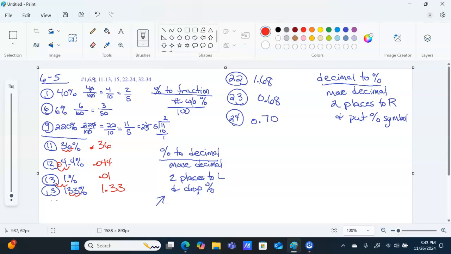Again, 2 places to the right and put in the percent symbol.